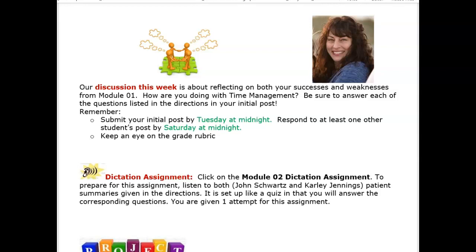Your initial posts are due by Tuesdays at midnight Central Time each week. You will need to reply to at least one other student's post by Saturday at midnight Central Time. You can reply to another student anytime during the week, but it must be in by Saturday at midnight. And also keep an eye on the grade rubric.